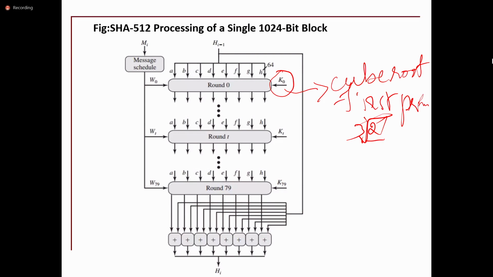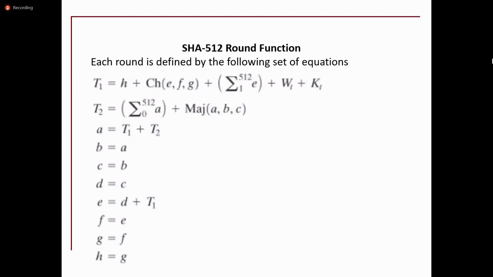For a total of 80 rounds, 80 round constants will be considered. And then it is going to perform the addition operation, and then it is going to produce the hash code. So this is the representation of the SHA-512 algorithm.